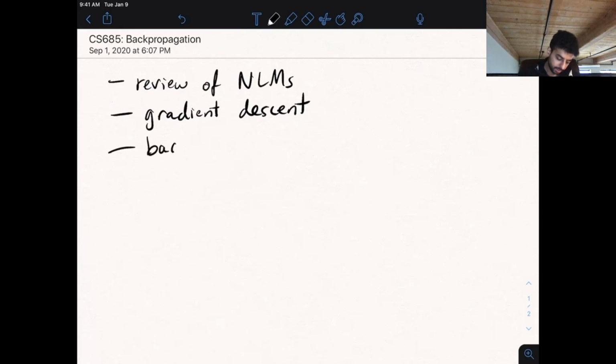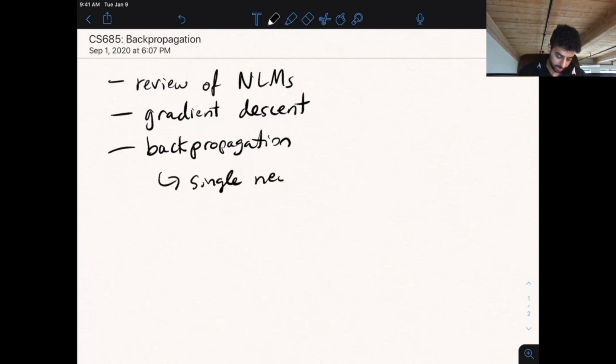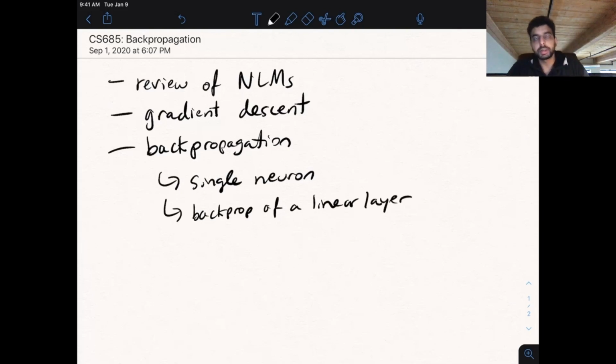The next thing we're going to talk about is backpropagation, which is really a way to compute the gradients. And we're going to go over this in both a single neuron setting, which makes it easy to explain the intuition, as well as backprop of a linear layer, which we've seen before in our neural language models, right?